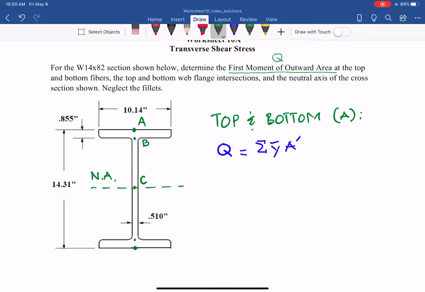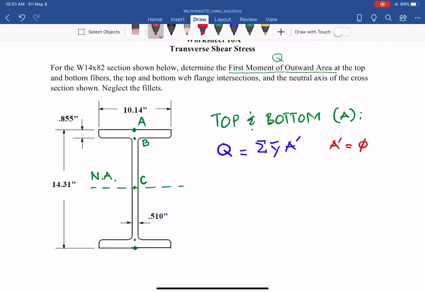So the area is equal to 0 from the point of interest, point A, to the outermost fiber, also A. So the area is 0. From that, we can have the Q for the top and bottom.